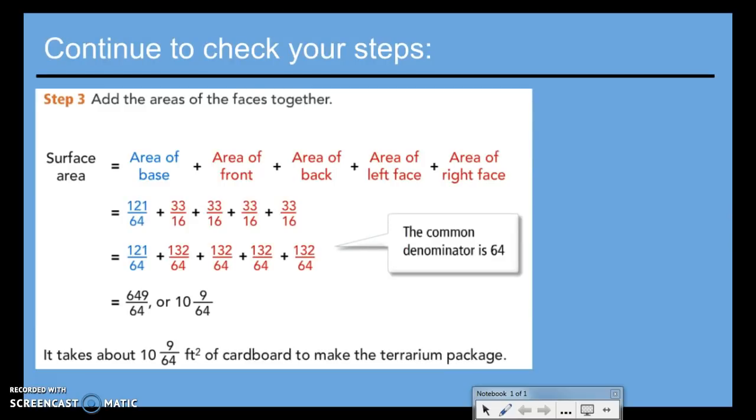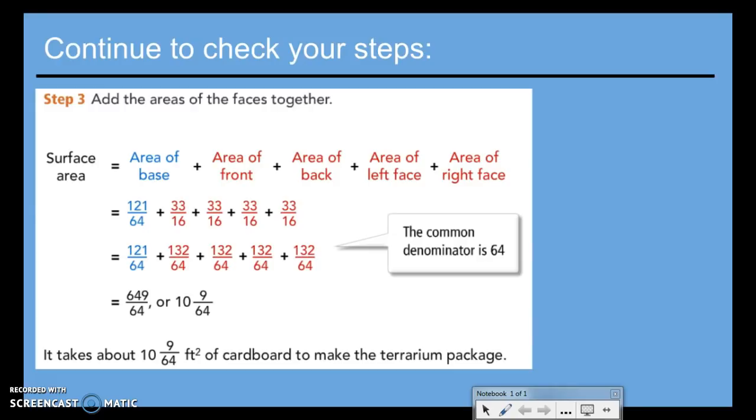And then step 3 is to add all of these faces and bases together. So you want to add the base. You're only going to have one base because it's a pyramid, so you're only going to count it once. Now, because this is a square pyramid, all of your sides are going to be the same.